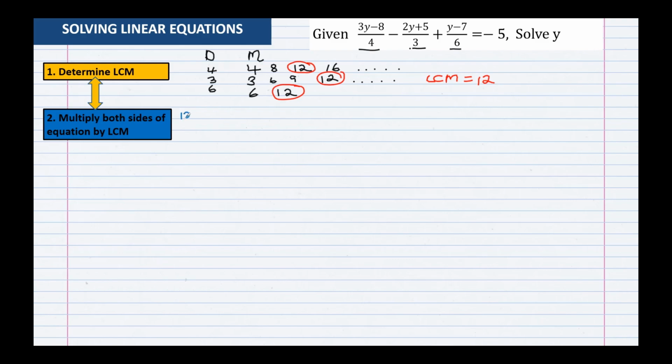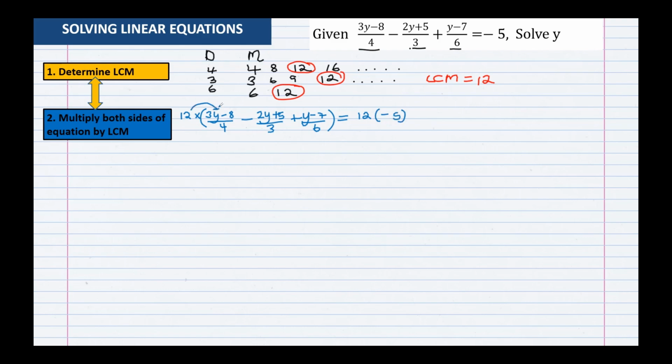So we're going to take 12 and multiply it by (3y − 8)/4 − (2y + 5)/3 + (y − 7)/6, which equals 12 multiplied by −5, because we have to do it on both sides. So now we're going to expand this.